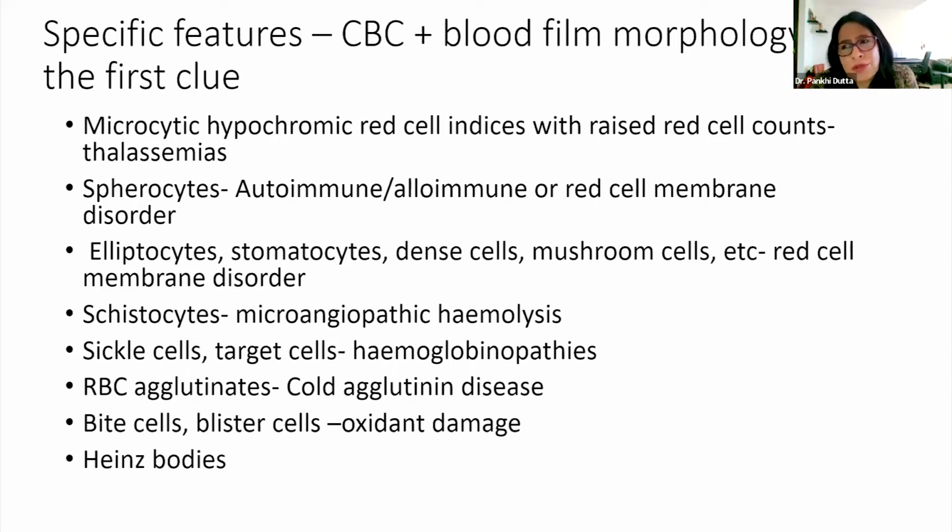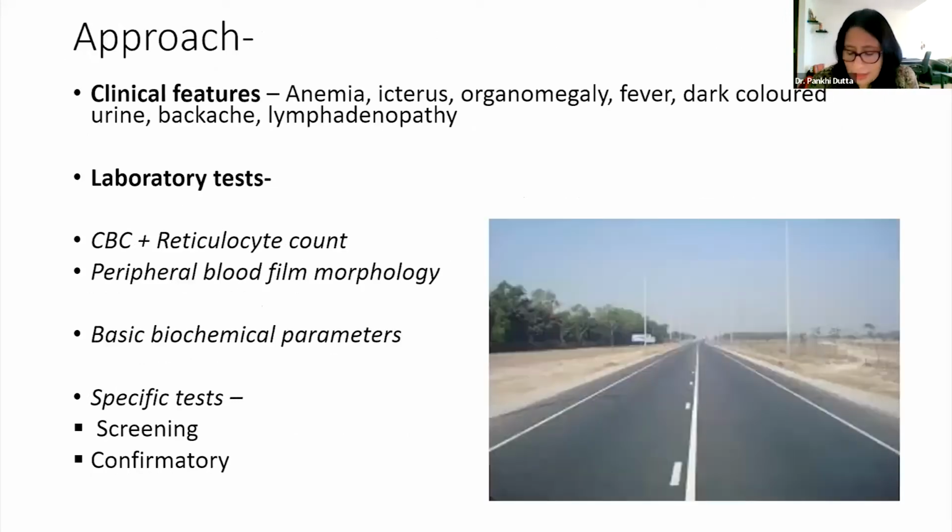So with this, I'm going to exemplify the major types of hemolytic anemias and how we investigate them. Our approach has to be, of course, two-pronged. Both have to go hand in hand. Clinical features, the clinical suspicion has to come. If there is anemia, there will be pallor, weakness.